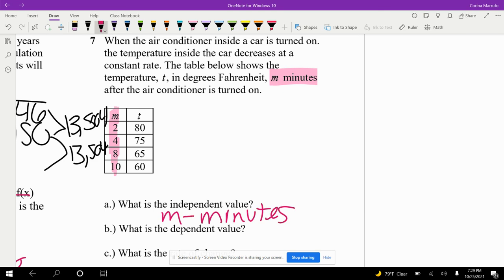The dependent variable is going to be the letter T, which stands for temperature in degrees.